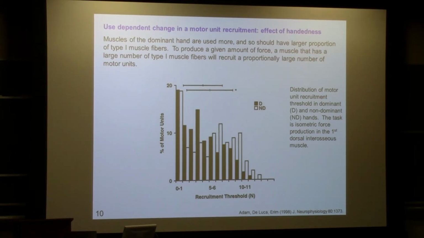So use of the body part tends to make the muscle fibers of that body part more like slow type fibers. And so one of the questions for people who train for explosive kinds of actions, like say short distance running or high jump, is how do you train so that the muscles become best suited for the action that you're going to do?